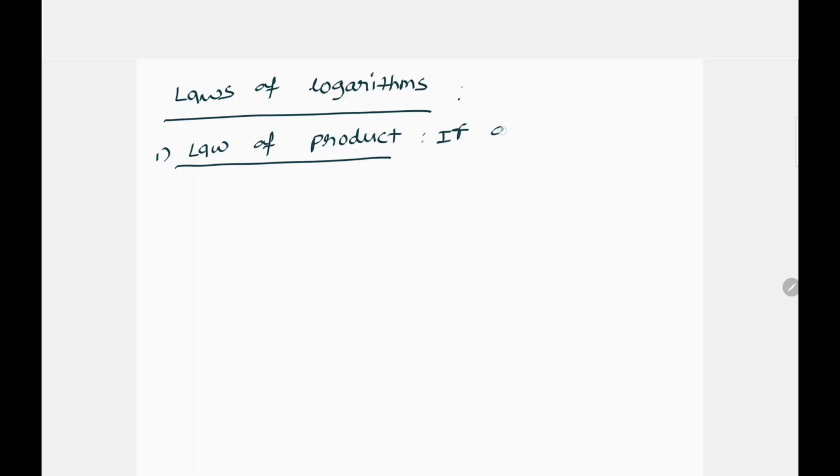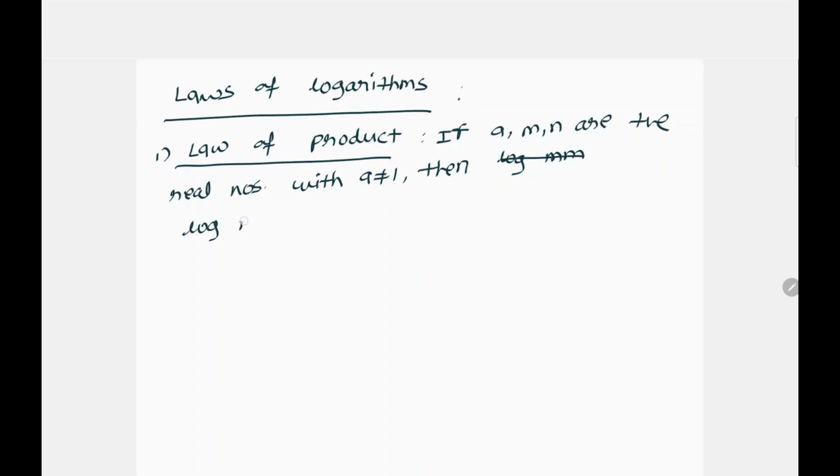Statement, if a, m, n are positive real numbers with a is not equal to 1, then log mn to the base a is equal to log m to the base a plus log n to the base a.